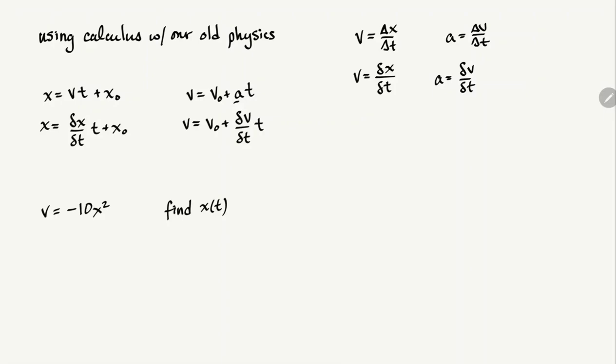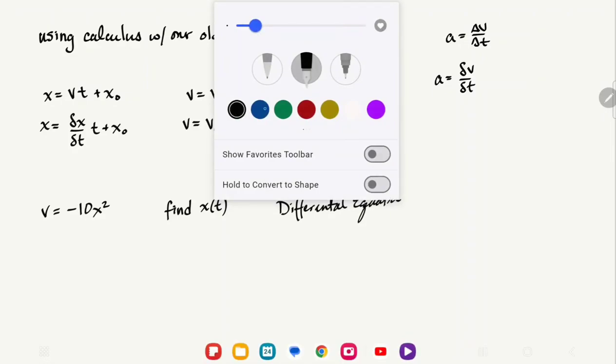We're going to use the skill of replacing the concepts we know with their calculus analogs. Now, technically, this is called a differential equation. So I'm going to write out this definition. Differential equation. You can take an entire class in this in college.